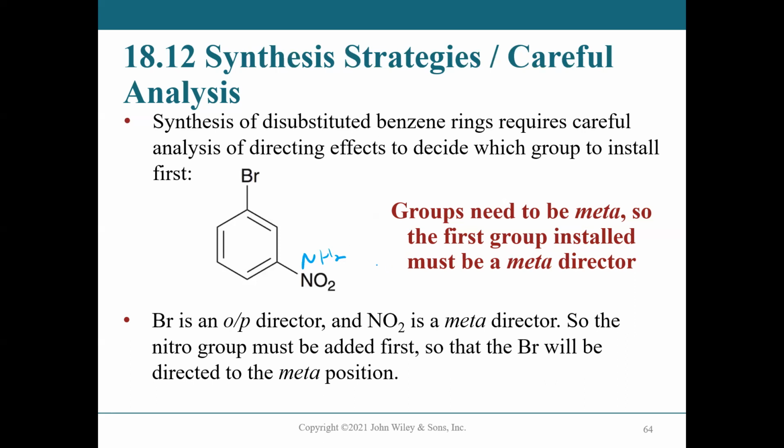To get this to an NH2 group, all you do is add iron or zinc, HCl, plus NaOH. We convert that to NH2, and that could be more useful for drugs.